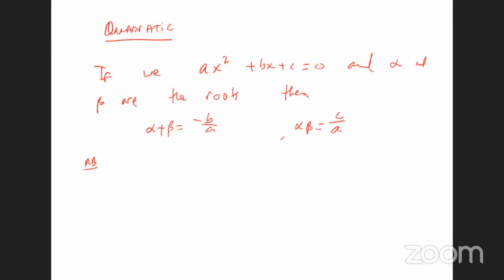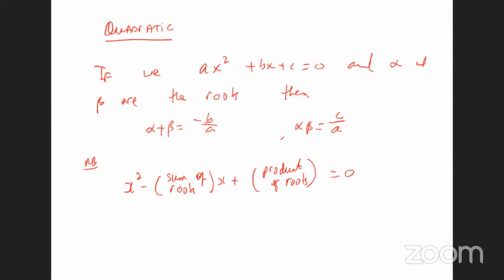And note that generally a quadratic can be written like this: x squared minus the sum of the roots by x plus the product of the roots equal to 0. So generally, these are the things that we need to remember about a quadratic.